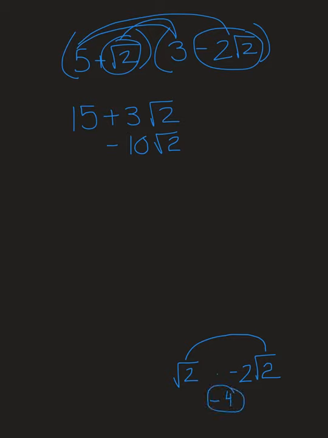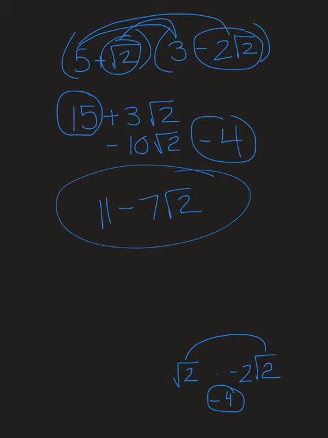And we could spend more time looking at that a little bit later. So that basically means there's a minus 4 on the back of this. And that's just simply the square root of 2 times the negative 2 root 2. So that's going back to the algebra stuff. Well, now, 15 and negative 4, 3 root 2 and negative 10 root 2, and I'm set.